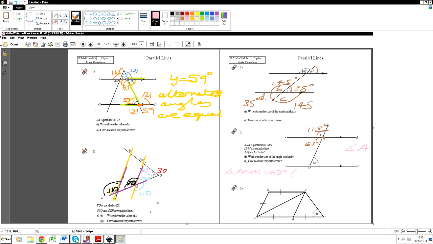Why is that? We say alternate angles are equal. Alternate angles are equal. Okay, that will give you this angle here, the explanation. Then we have to say how the 113. Then we have to say, let's change the color a bit.